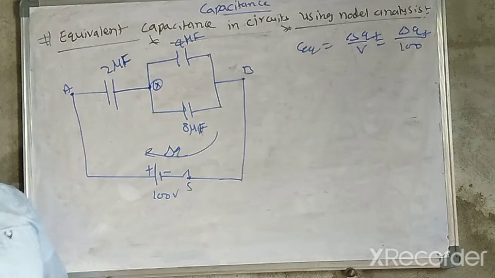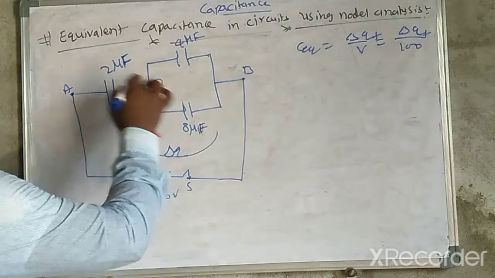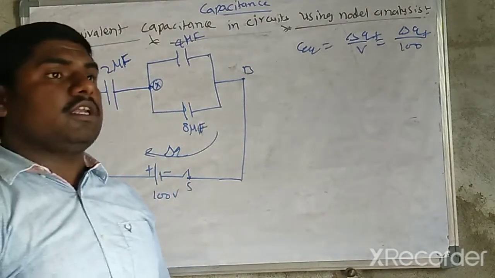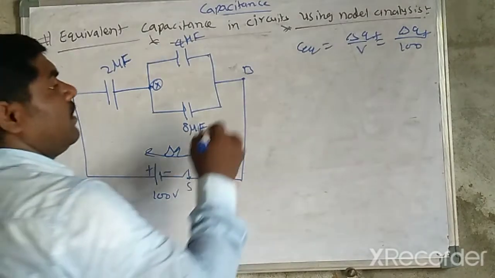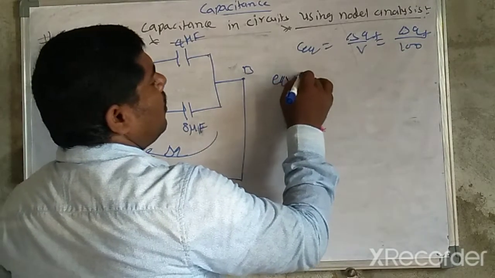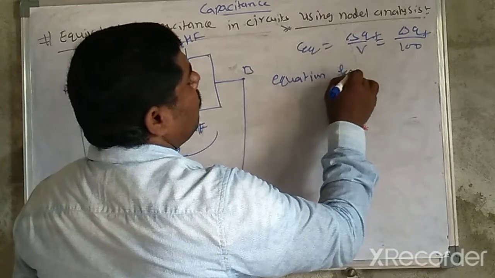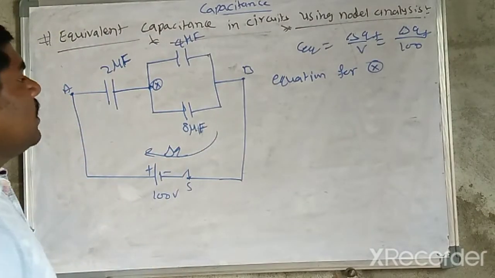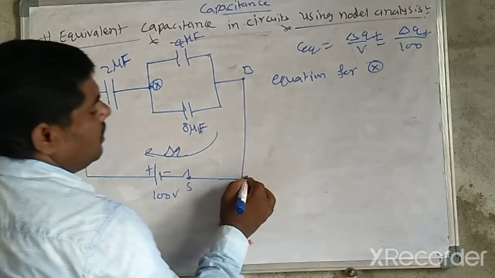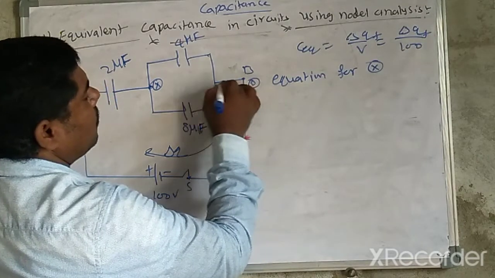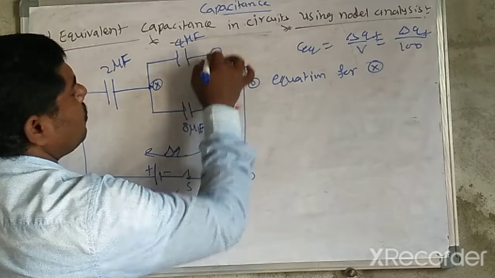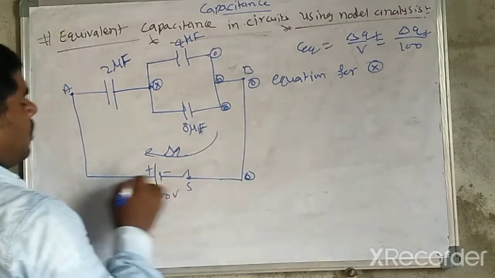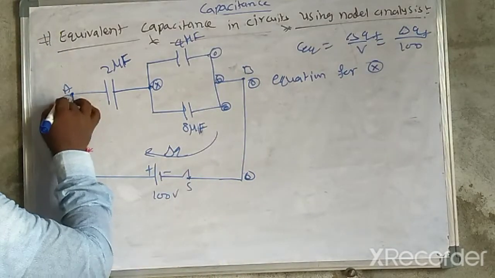First of all, you find the nodal point potential. The nodal point potential equation at x. Here you may consider zero potential, zero, zero, zero, and here the V potential.